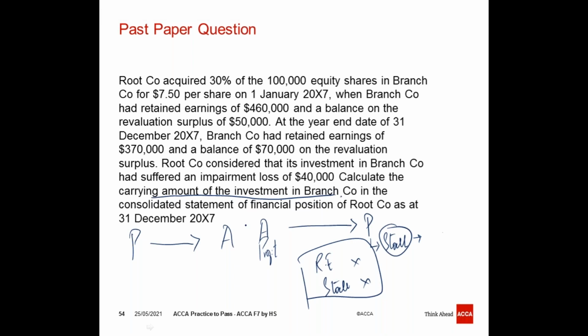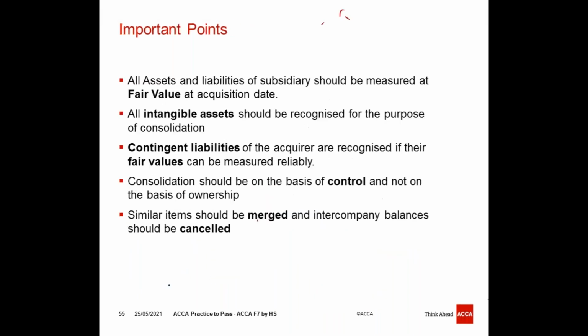But when the parent sold goods to A, that means that stock will be held by the associate company and the profit will be earned by the parent company. So the accounting treatment will be retained earnings debit, as we never consolidate associate stock.